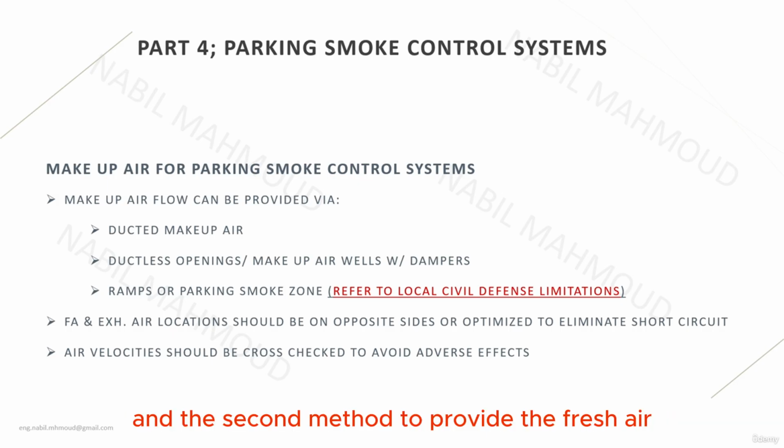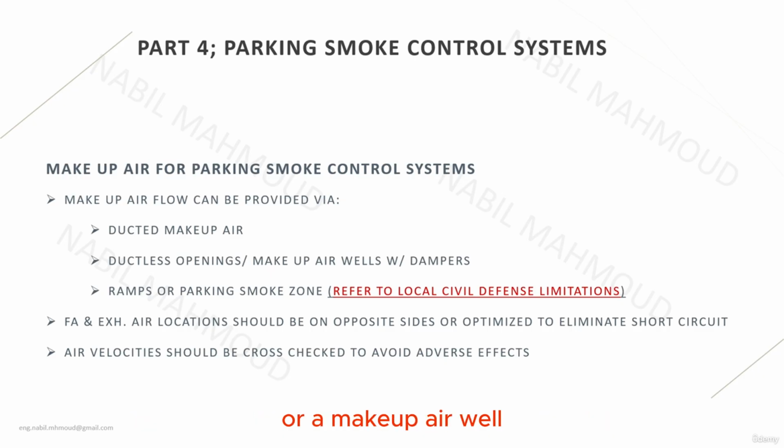And the second method to provide the fresh air is by using ductless openings, or a makeup air well or a makeup air shaft with a motorized damper to turn on and off as requested with the related system.